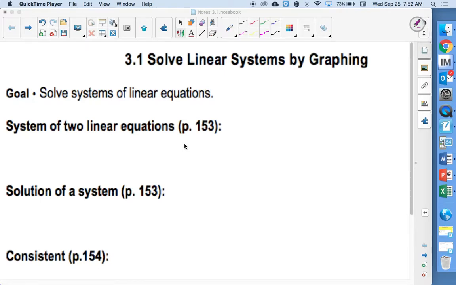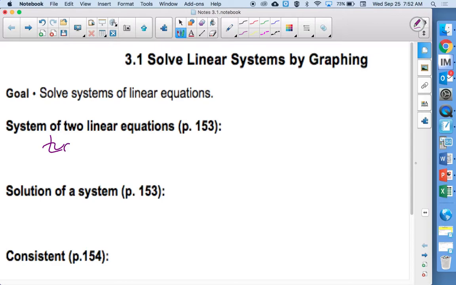So we're looking at two equations, and we're going to be either graphing them together or solving them together.